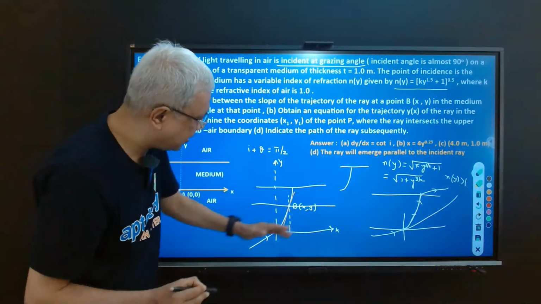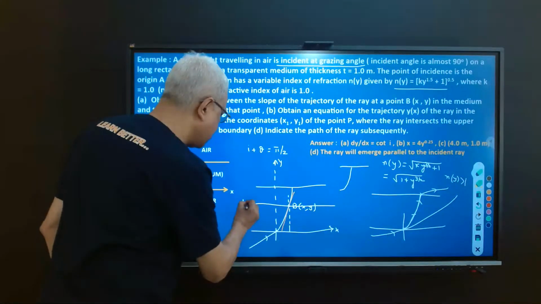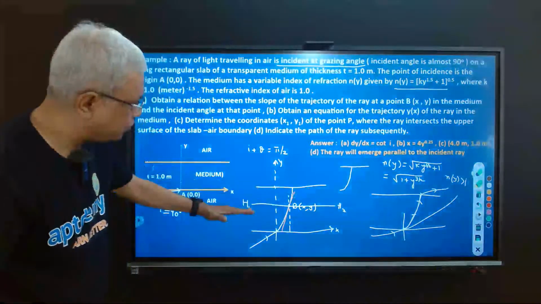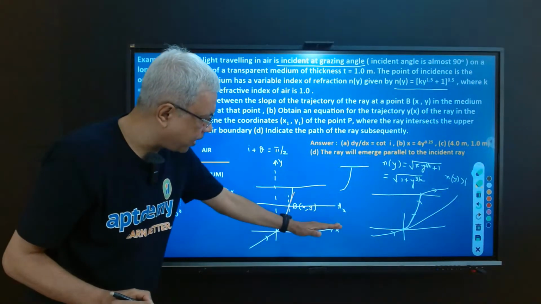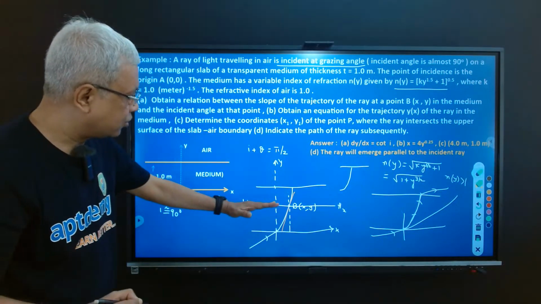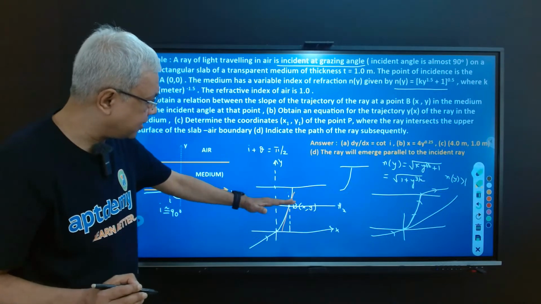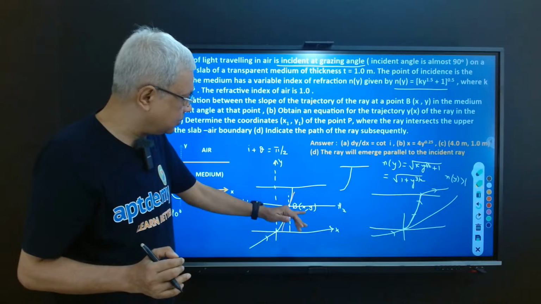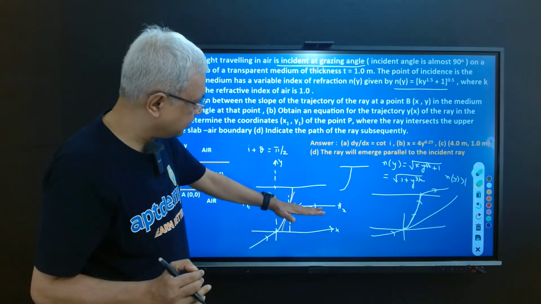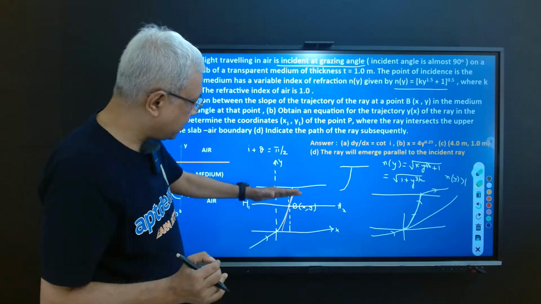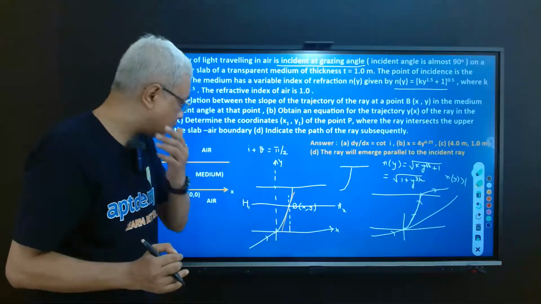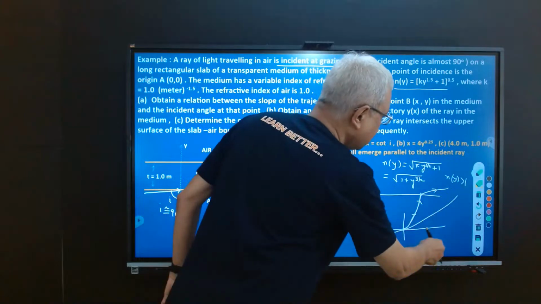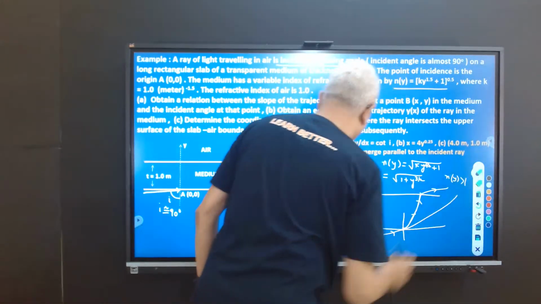So this horizontal line, you call it H1, H2. We have drawn a horizontal line H1, H2 through B, which is parallel to the x-axis. So above the horizontal line H1, H2, the refractive index is more than the refractive index of the media just below the layer H1, H2. And as a result, the ray of light continuously bends toward the normal.